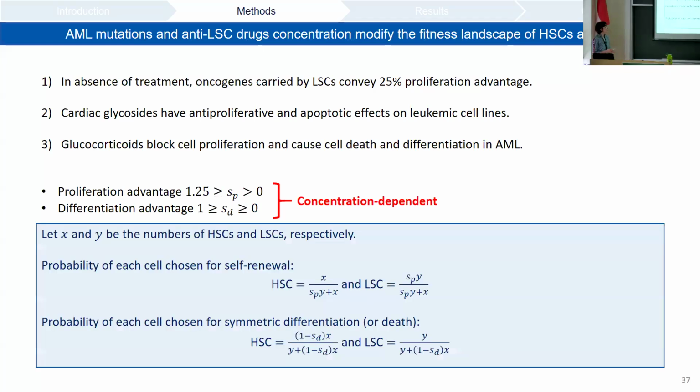So here now are how we write the terms for the probability of selecting each of the cells for self-renewal and for differentiation or death.